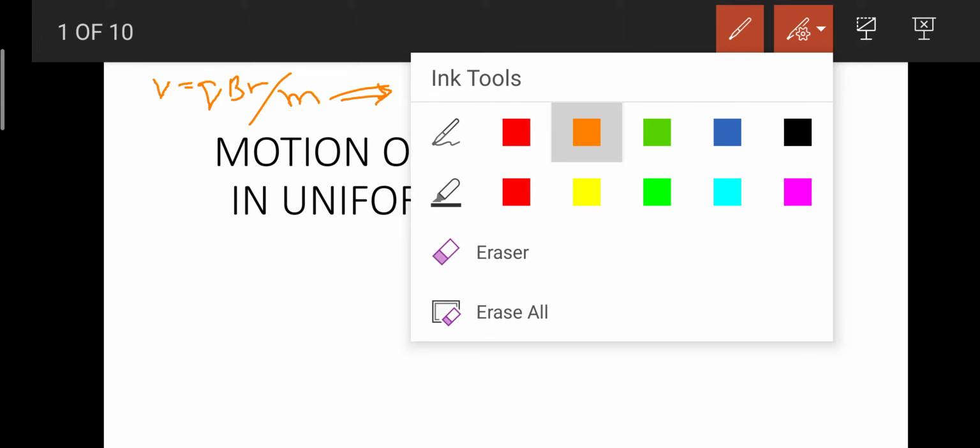By rearranging this equation, I will receive r equals mv divided by qB. So we can easily calculate the radius if we know the velocity of that charged particle. But usually this radius is calculated experimentally.